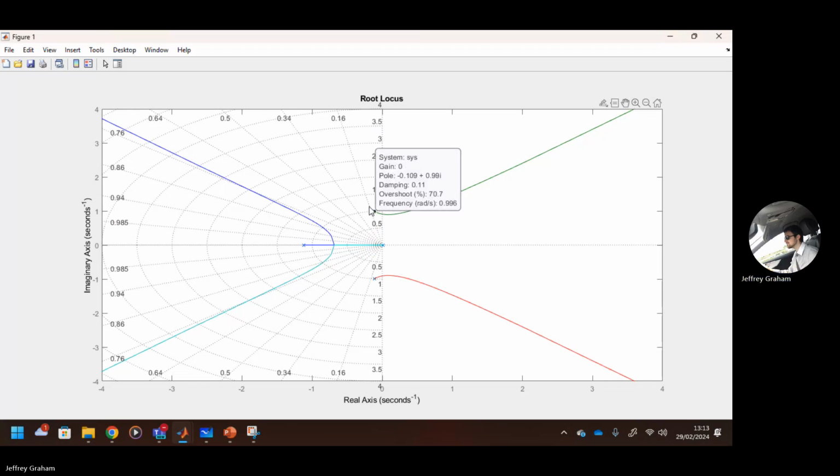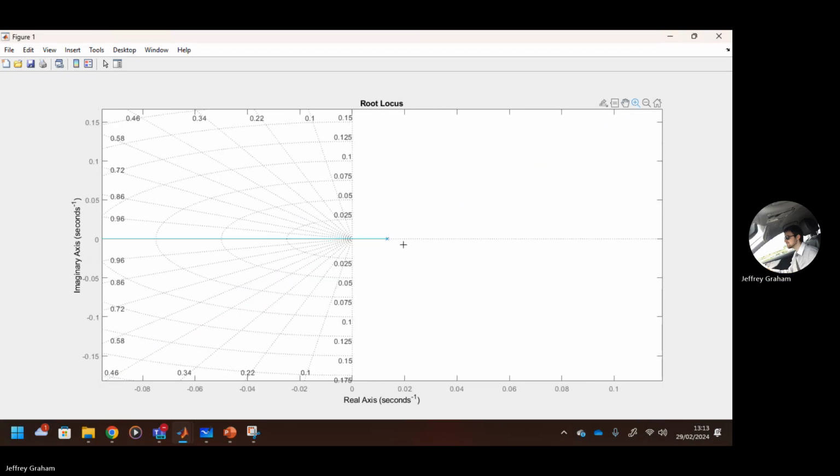Answer number 2 is clearly on the left-hand plane, along with number 3. Number 4 is only obvious when we zoom in here. If you zoom in, we have a negative pole, or in other words, one where its real value is positive. So there's one unstable root, which was picked up by the Routh array criterion.